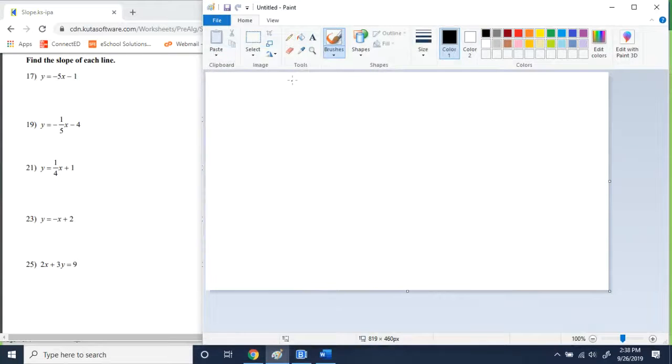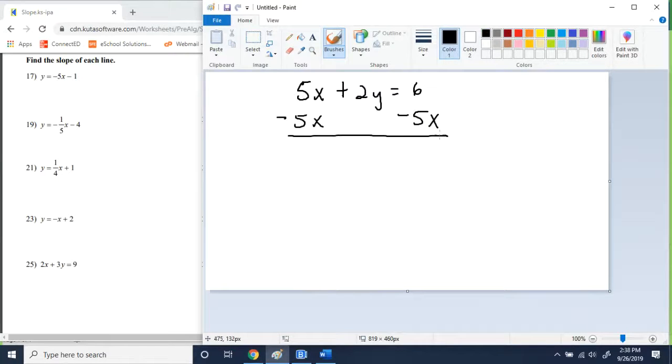Another problem in standard form that we can do, 5x plus 2y equals 6. So I'll move the 5x to the other side. Working left to right, -5x plus 6. Dividing by 2. This actually should be x.